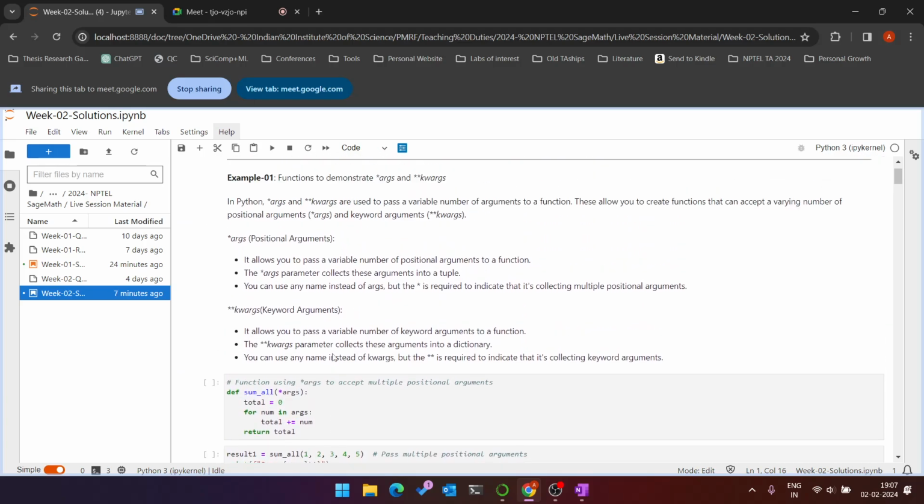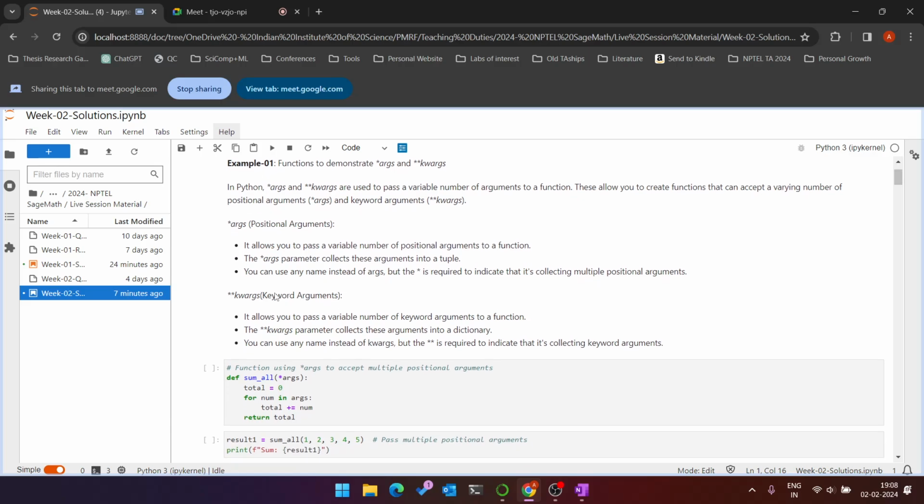But what would you do where you do not know a priori how many arguments the function will take? That is where star args comes to our rescue: it collects all the parameters and places them into a tuple, and that tuple is then used to perform some sort of operation.